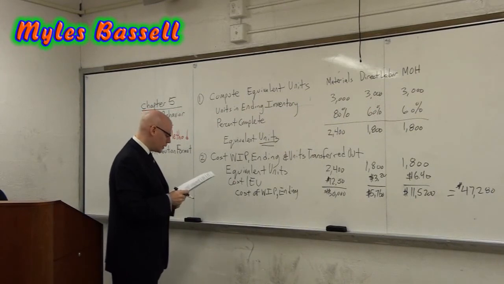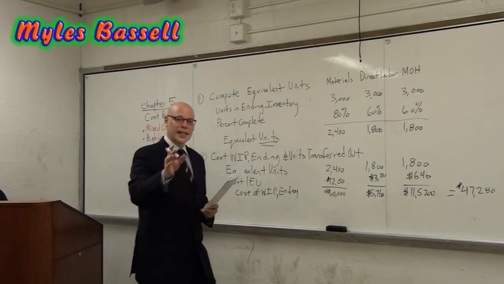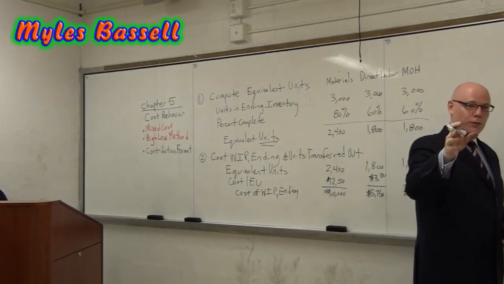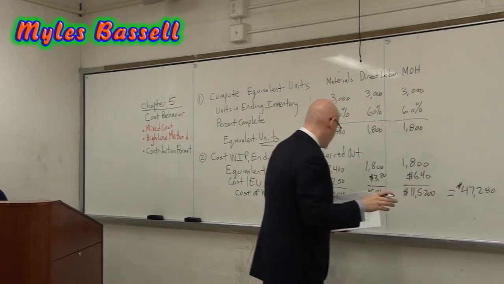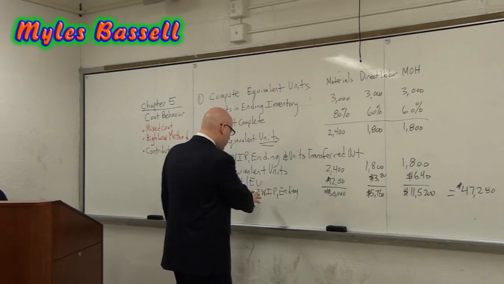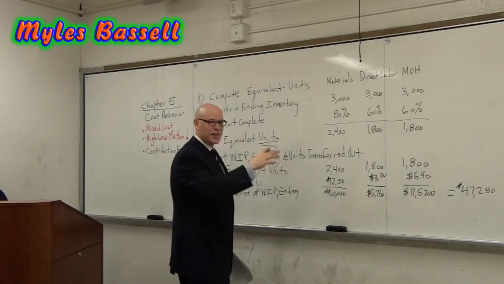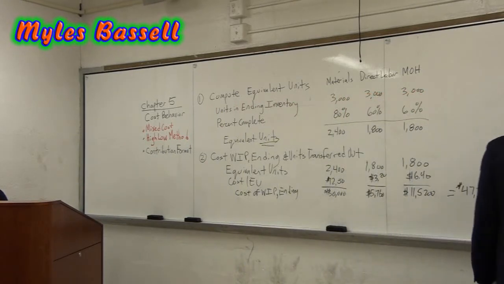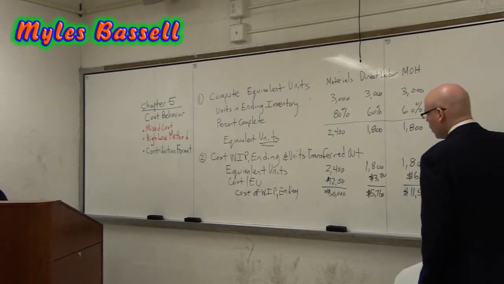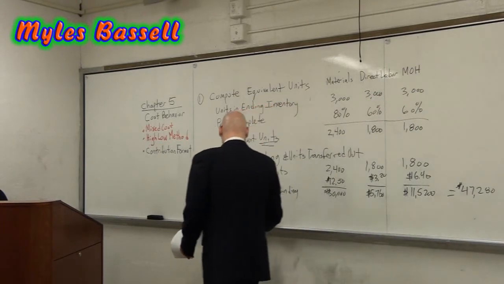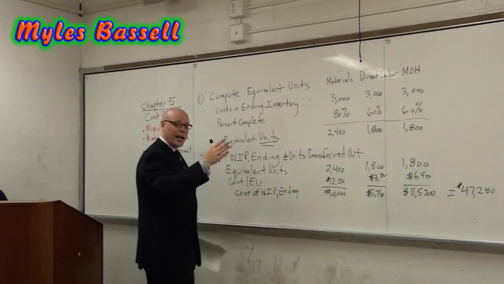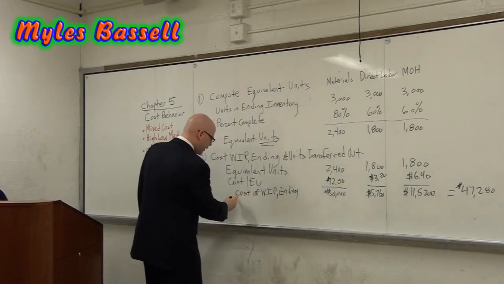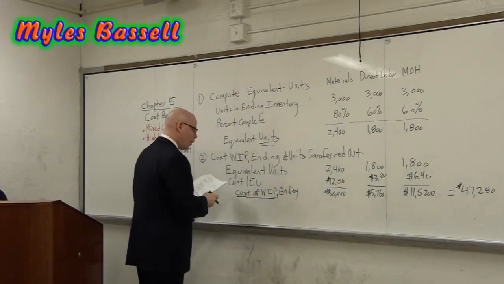So the total cost accounted for, Elena, is going to be the same, but here this is the cost of the work in process at the end of the period, and the 25,000 is what we're going to look at as the cost of the units transferred out, which we're going to add together. You're right, but we need to first understand what is the cost of the WIP.